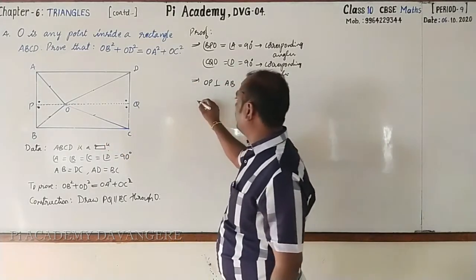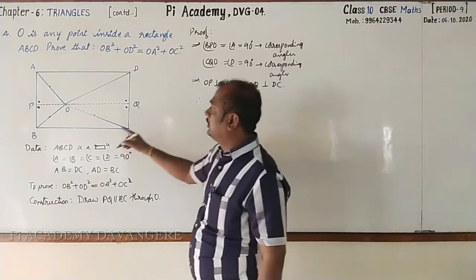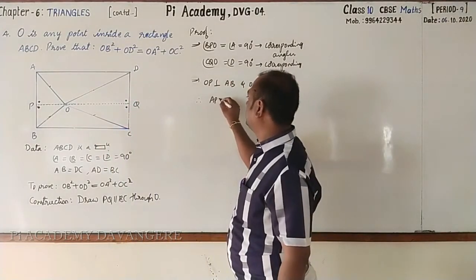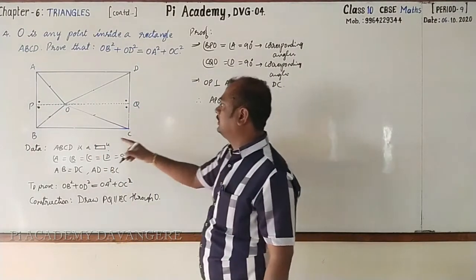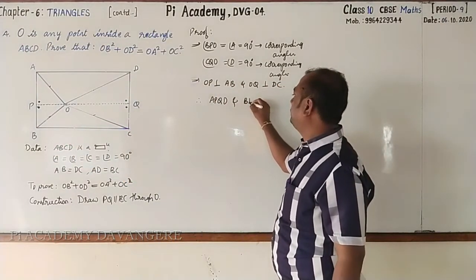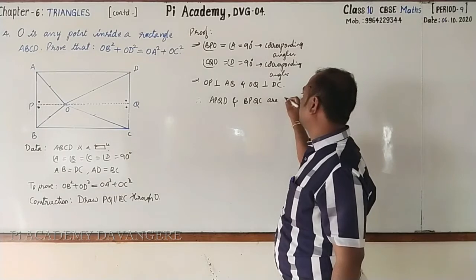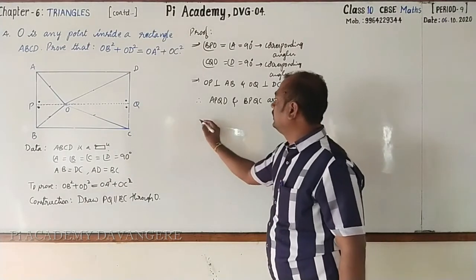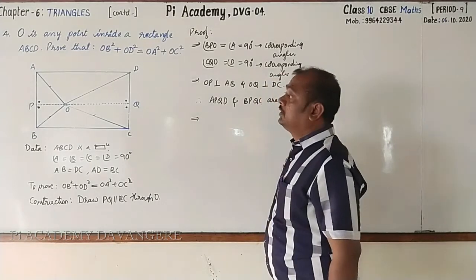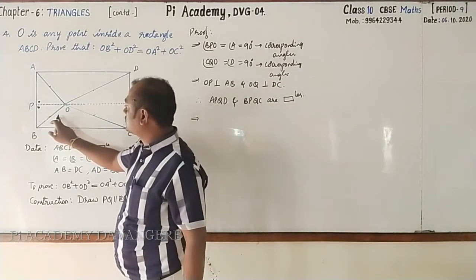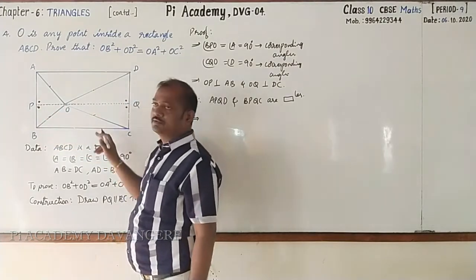Next, therefore, APQD and BPQC are rectangles. Followed? Okay. Next. Now we shall go for using Pythagoras theorem for these triangles.